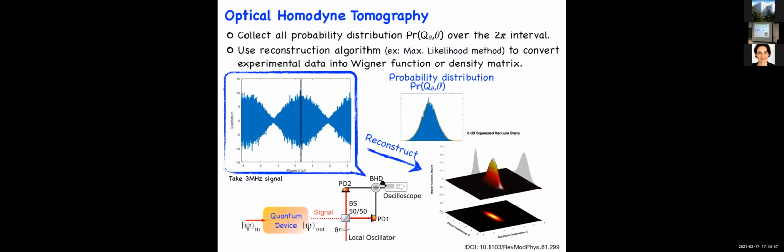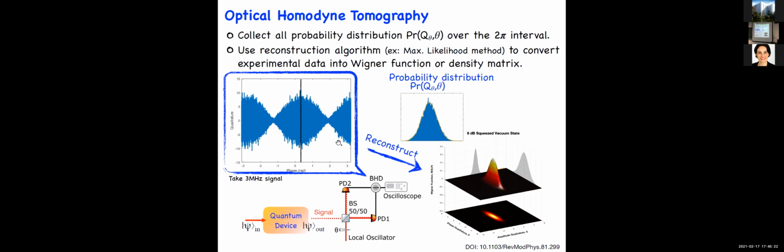The picture shows the simply measured system. The homodyne detector here can measure the wave function of the quantum device here. When we continue scanning the local beam phase, we can get this picture. In our case, we take a 3 megahertz signal from the homodyne detector output voltage and scan the local beam phase here.